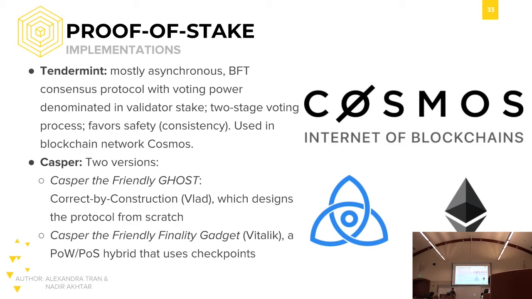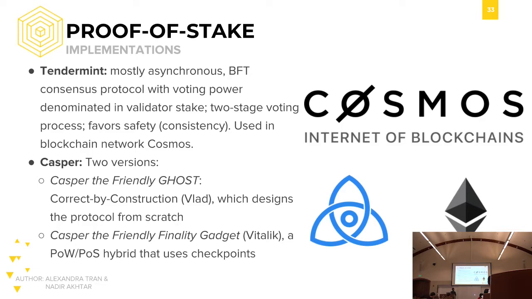It is a BFT consensus protocol with voting power denominated in validator stake. There's a two-stage voting process, and it favors safety or consistency, meaning that you need a large number of validators to approve of a block before it is allowed to be appended to the blockchain. This is used in the blockchain network Cosmos. And Casper is the proof-of-stake implementation upon Ethereum.